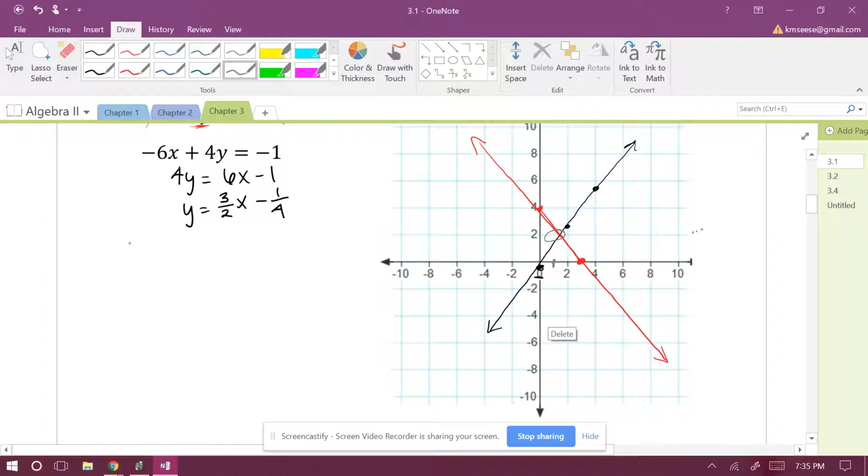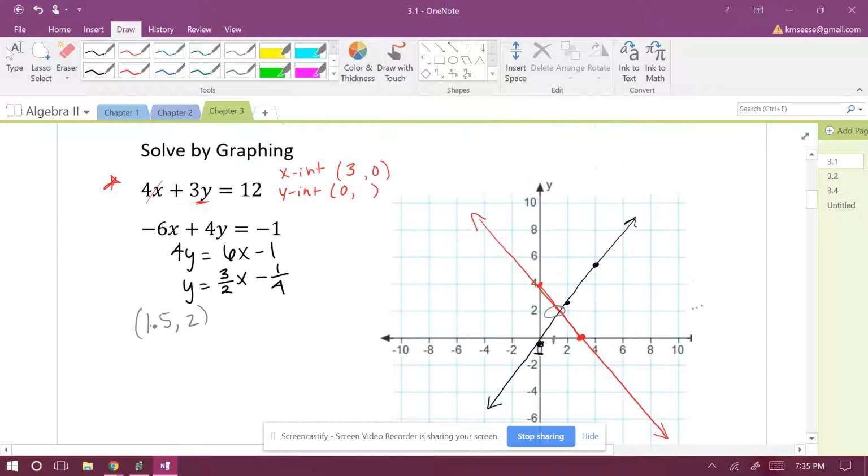So I'm going to play around and guess a little bit. It looks like (1.5, 2). And the way to verify that is to plug those into your equations and see if they work.